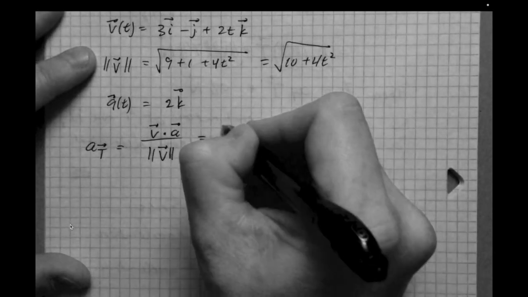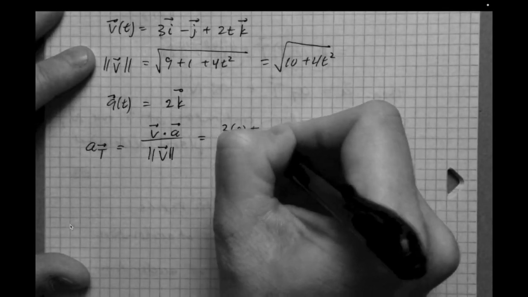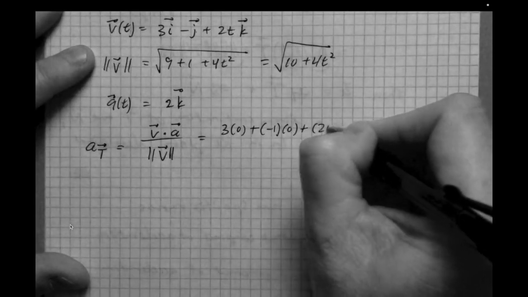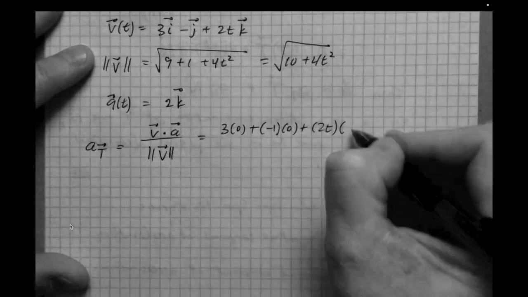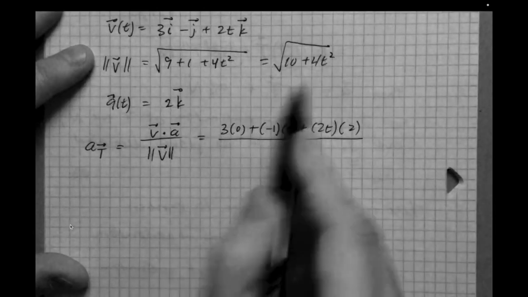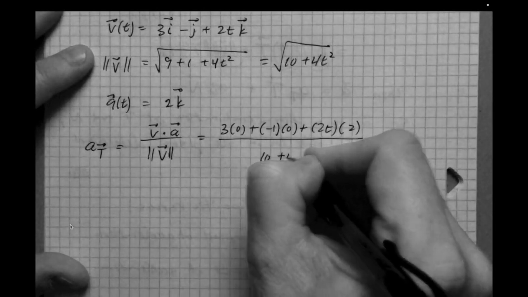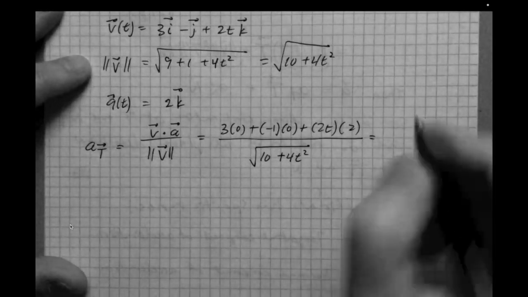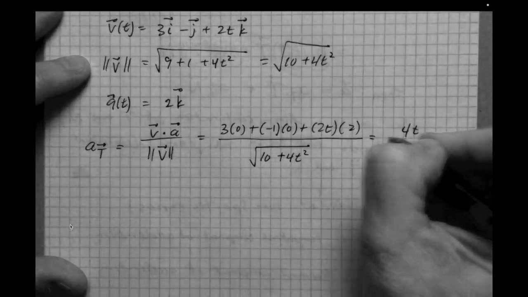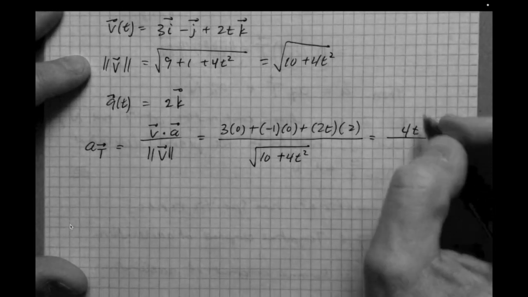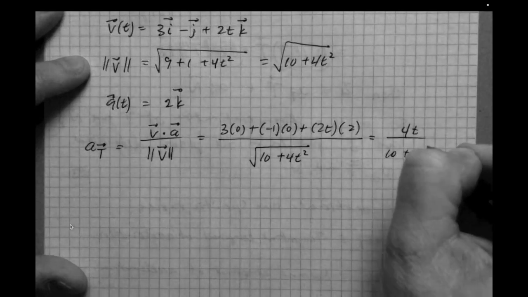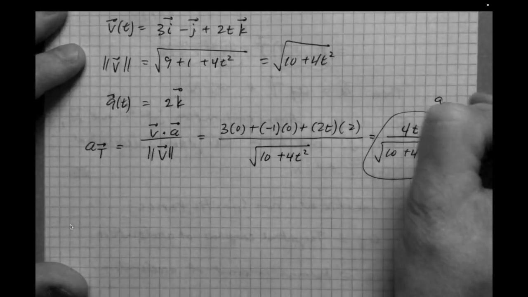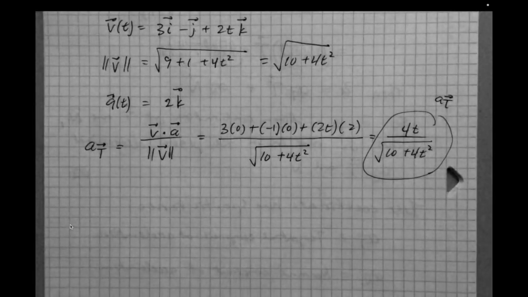That's going to be 3 times 0 plus negative 1 times 0 plus 2t times 2, all divided by the square root of 10 + 4t^2. It looks like we get 4t over the square root of 10 + 4t^2. Okay, so that's the tangential component, a_T.